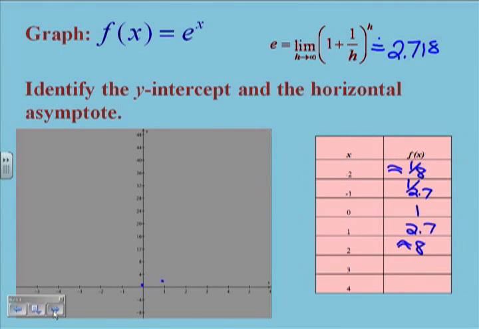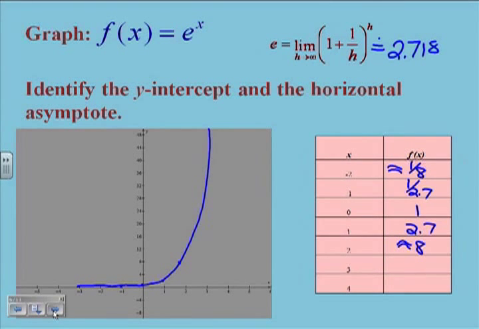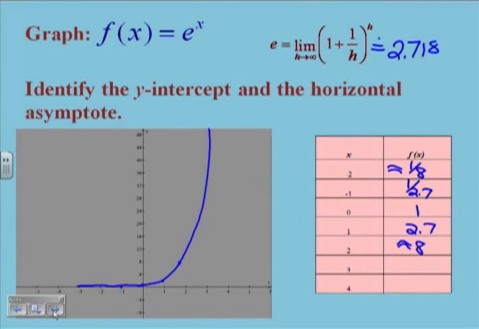At 2, I said it's going to be around an 8, 9, something in that, well, it's less than 9. And over here, I'm at about a 1/3. And likewise, since it's just a little bit bigger than 2, it's going to look a lot like y equals 2 to the x. Okay? And it's going to grow as you go off to the right.